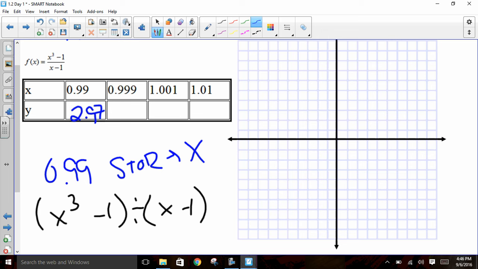That way I don't have to even retype the equation every time. Then when you do this one, you should get 2.997.